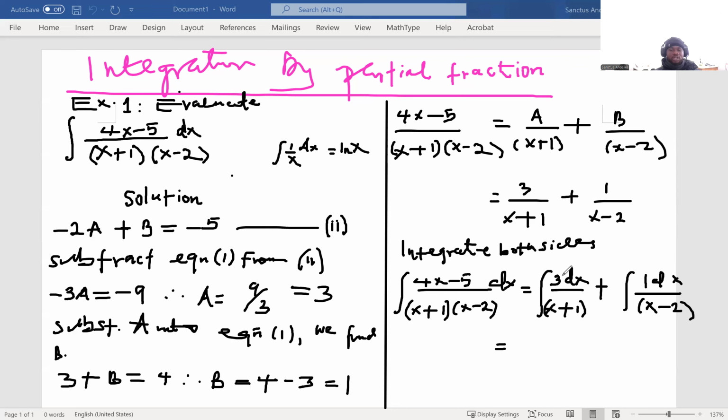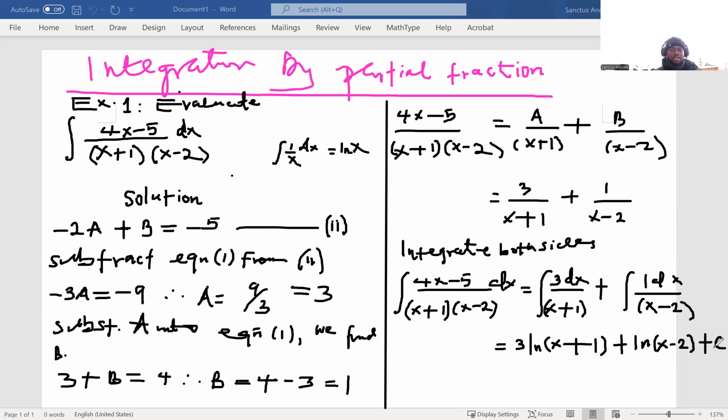So if we throw the constant out of the integral sign, we're going to have 3 ln of x plus 1 plus ln of x minus 2 plus what?